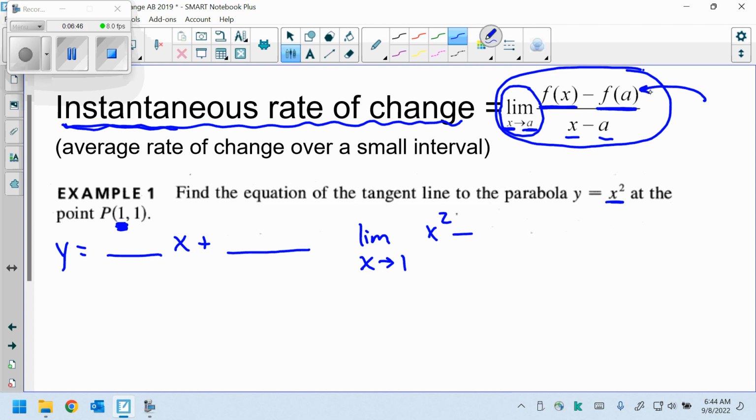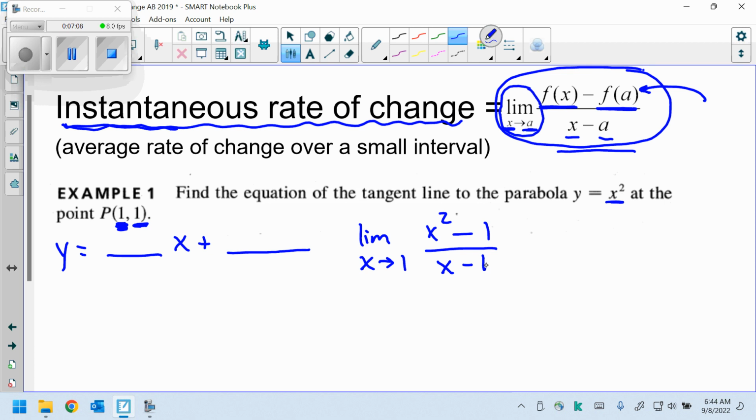Well, what is the function at 1? What's the value of the function at 1? We find that right here. It's 1. Divided by x minus a. In this case, x minus 1, because we're told that we're getting close to that x value of 1.